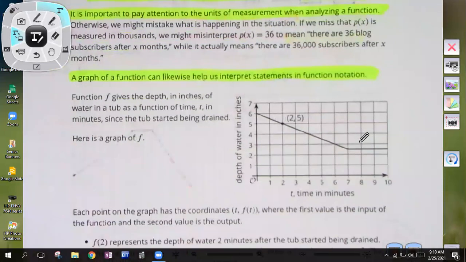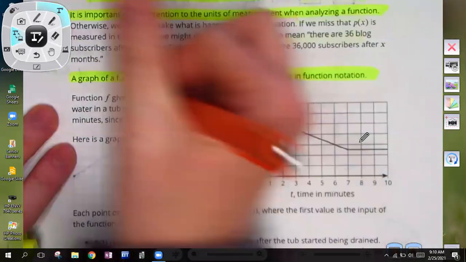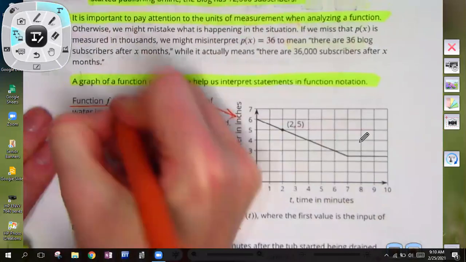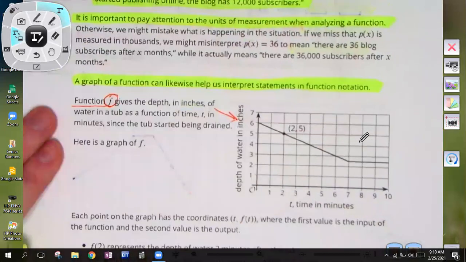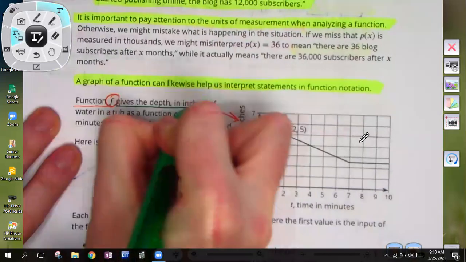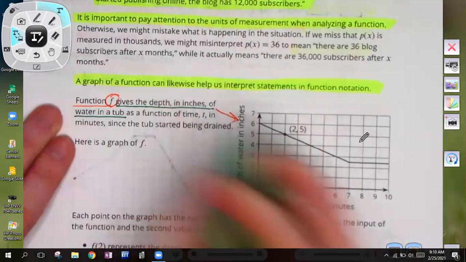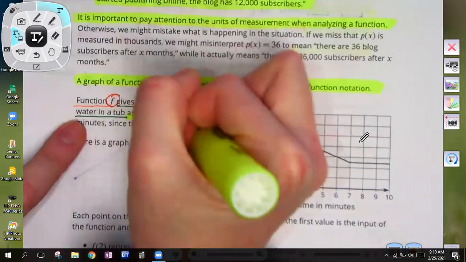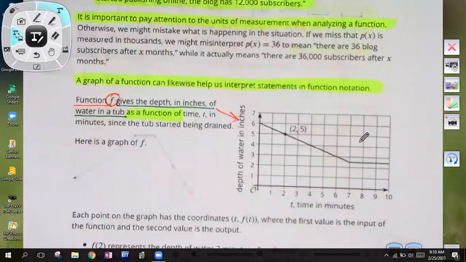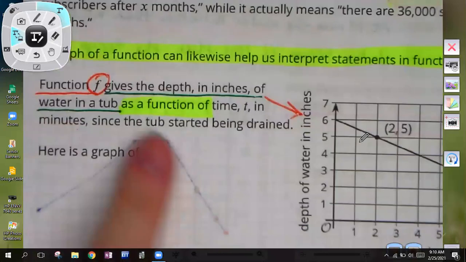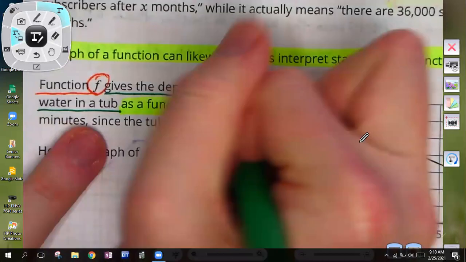Function F gives the depth in inches of water. So we're looking at this graph here. We have function F. What's the name of it? F. All right, it gives the depth in inches of water in a tub as a function of, there's that little phrase, as a function of time.